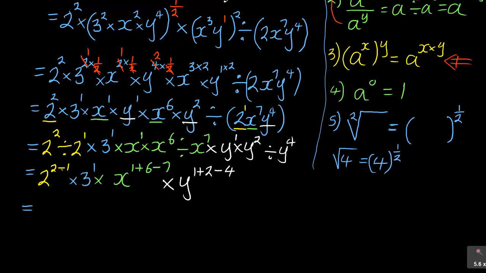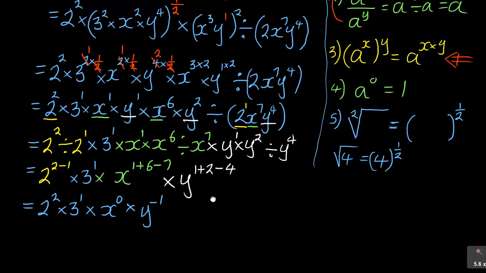Then this is equal to 2 to the power 2 minus 1, which is 2 to the power of 1, times 3 to the power of 1, times x to the power of 1 plus 6 minus 7, which is 7 minus 7, which is 0, and then times y to the power of 1 plus 2, which is 3, minus 4, is minus 1, like that. So that is what you're actually having there.